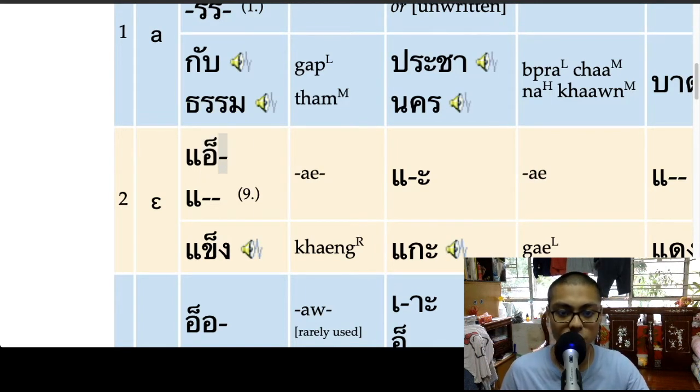So you can see there's a placeholder right here that tells you there is one more letter. Usually it should be the consonants. So example would be this word. We call it kang. I don't know what that means. Right now I just care about the pronunciation. We call it kang.